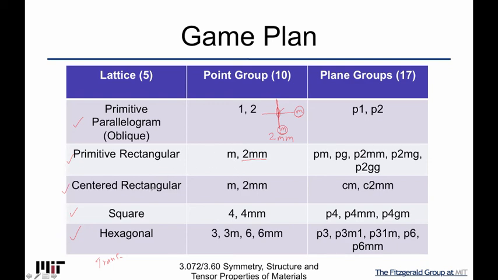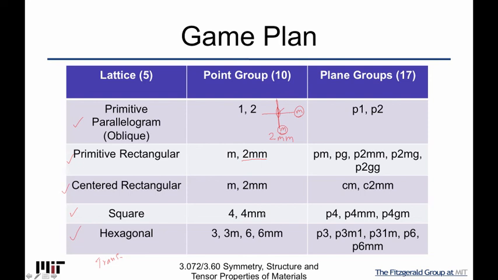In fact, we induced a centered rectangular from applying a mirror plane in that lattice. We're going to be able to put 2mm's into these, and they generate a whole another spectrum of crystal structures, okay? Because now this thing I just drew here is repeated at every lattice point and induces other kinds of symmetry, right?